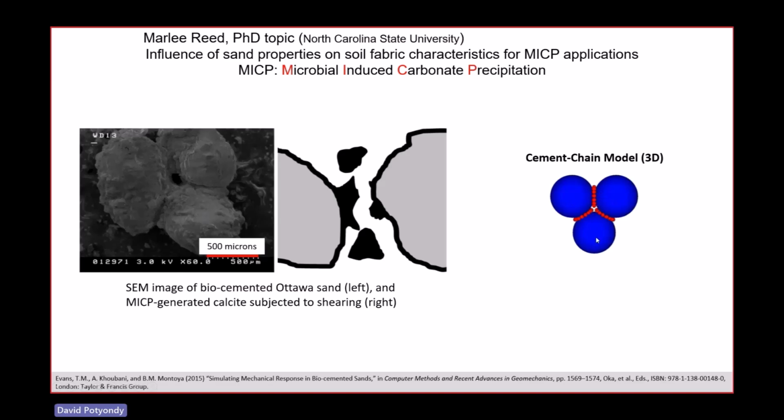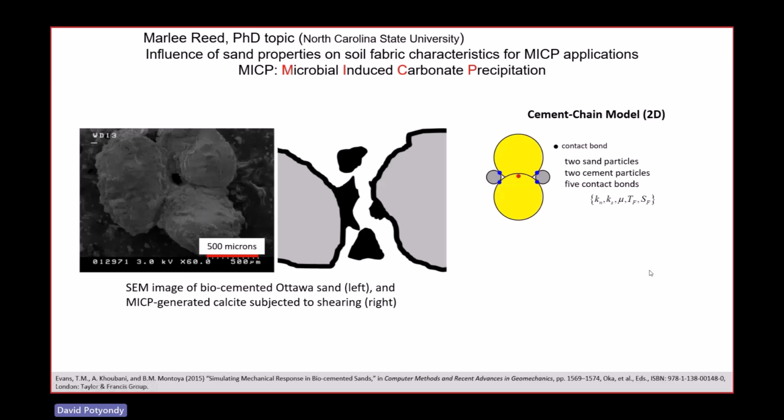And here's the idea of putting a string of particles and then bonding them to the sand grains. This was called a cement chain model, and we're just doing a little example of this in 2D. If you recall, we have a system like this. We wrote some code called make cement balls, where you gave the radius of the cement balls and it went to every single contact and put two of them on each side so they're just touching.